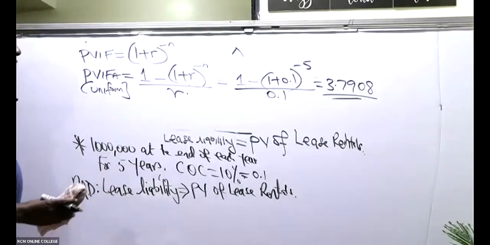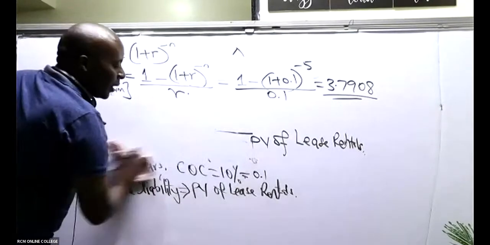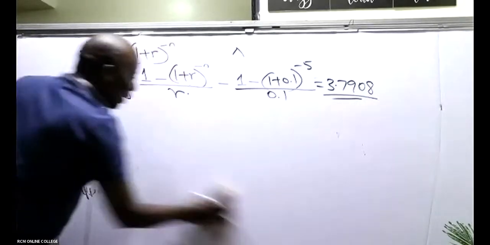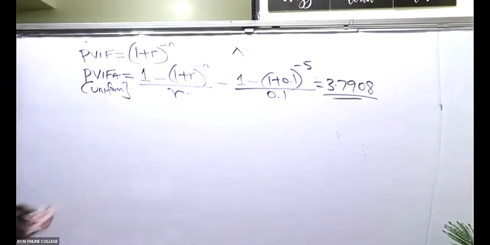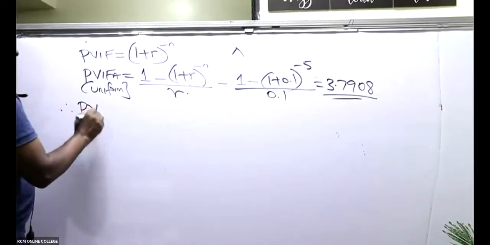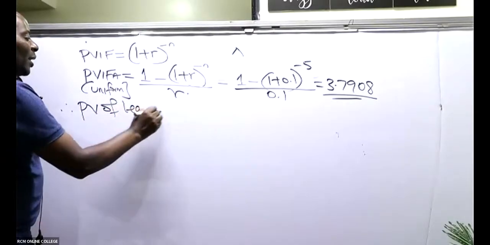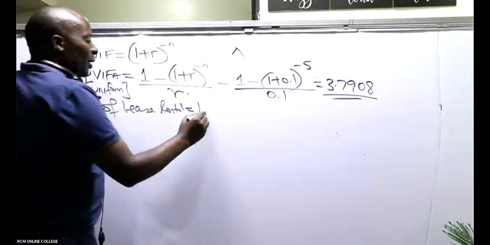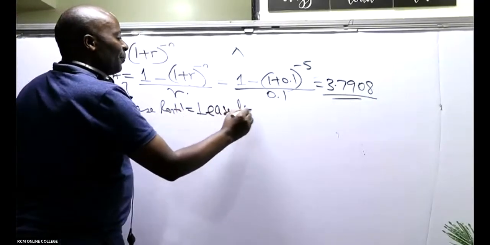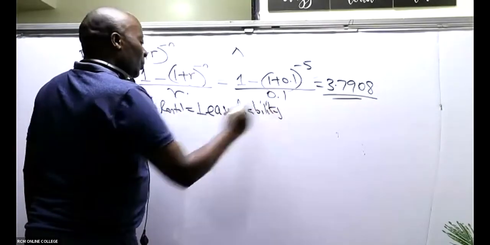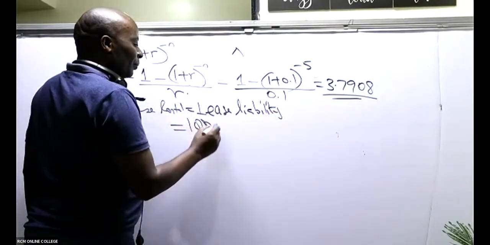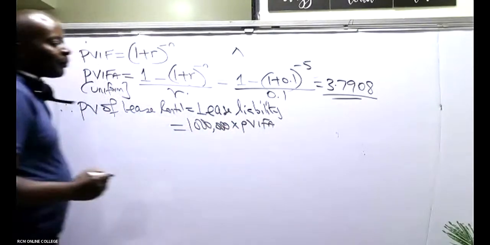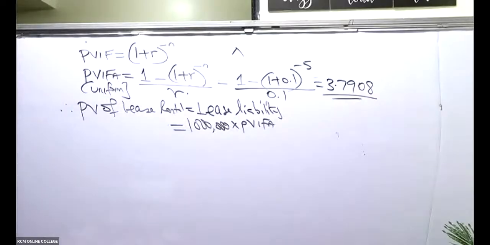And therefore, the present value of our lease rentals, which will be, in this case here, our lease liability, will be equal to the annuity of $1 million times PVIF.